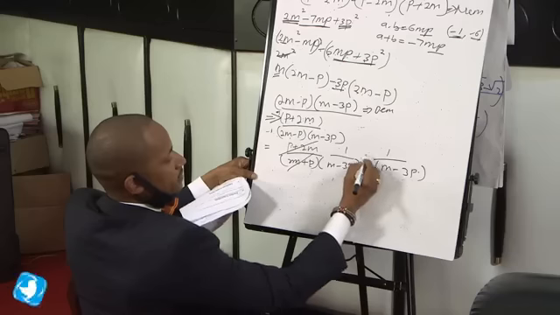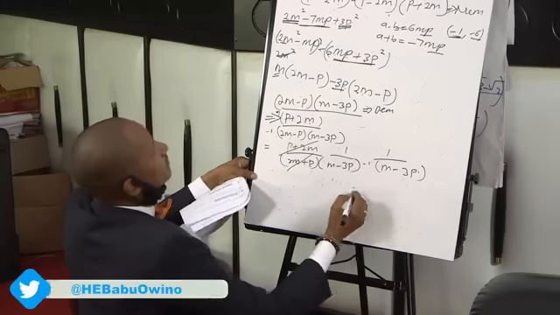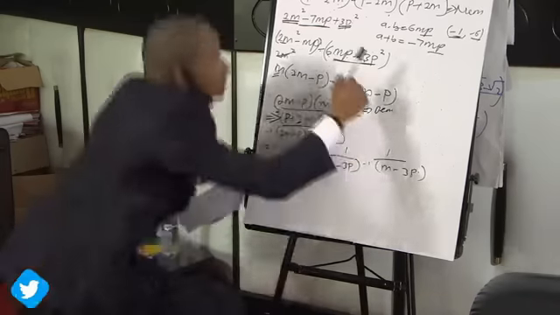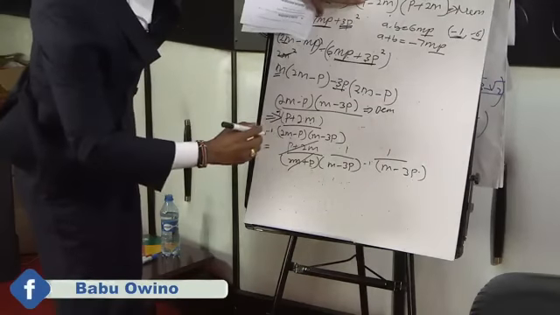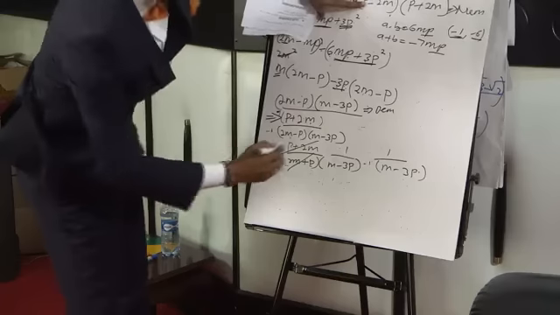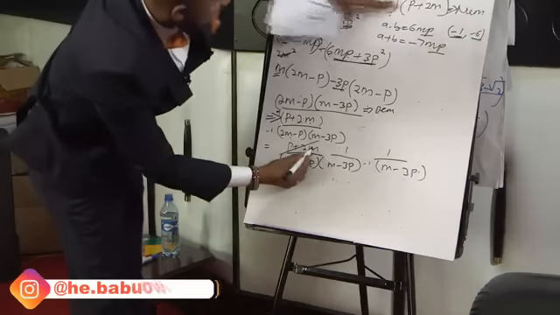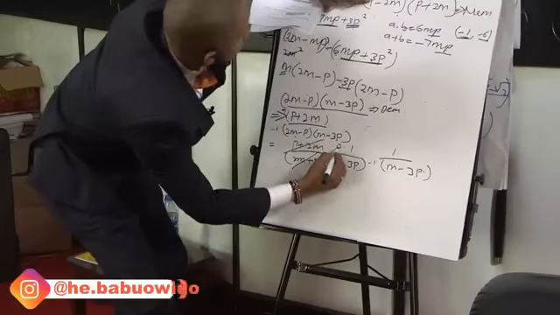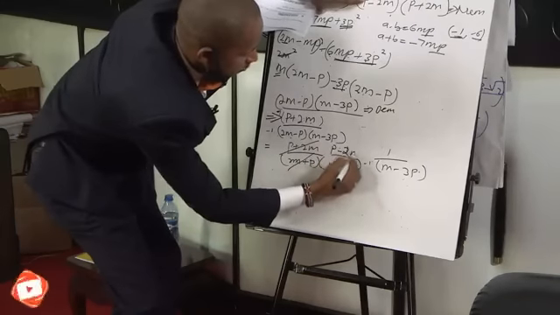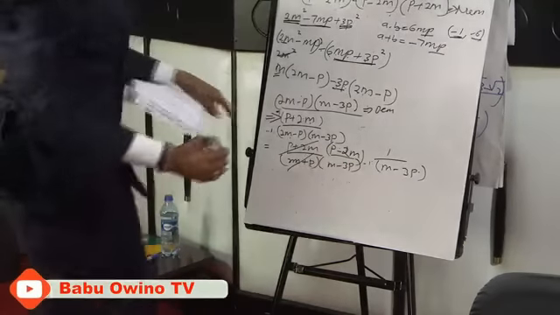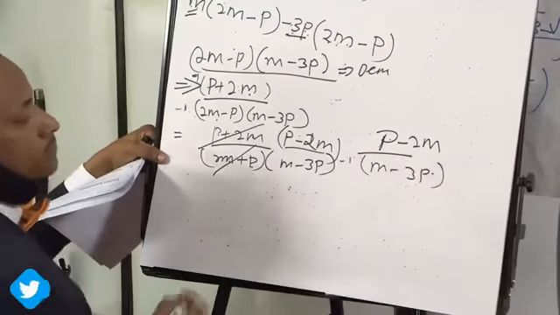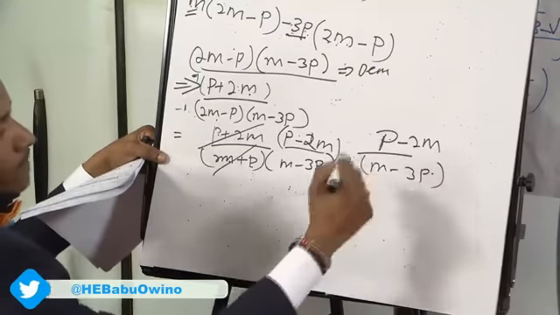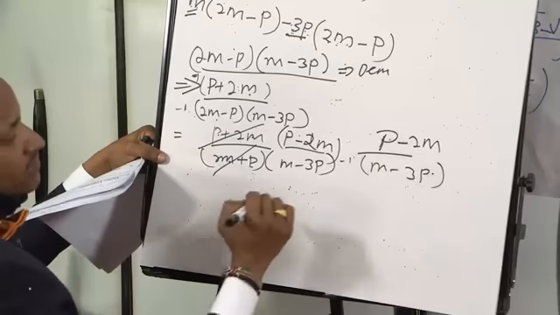Then remember, we have minus here. This was a difference of 2 squares, sorry. That is why I was not seeing it coming out. So this is also p plus 2m, and then this is p minus 2m. Now that's okay. So here we have p minus 2m. So remember, we still have a negative.